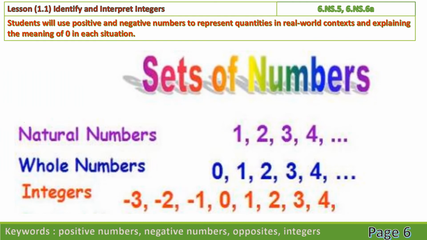Natural numbers are the numbers starting from 1, 2, 3, 4, 5, 6, all positive, no negative. Whole numbers always start from 0 and then the positive side, no decimal. And integers are the negative numbers and the positive numbers, including 0, but no decimal.